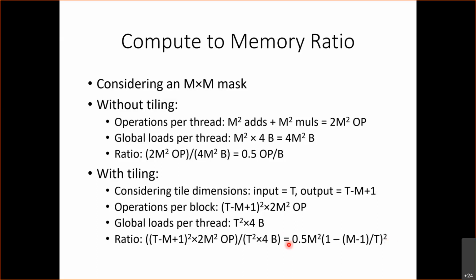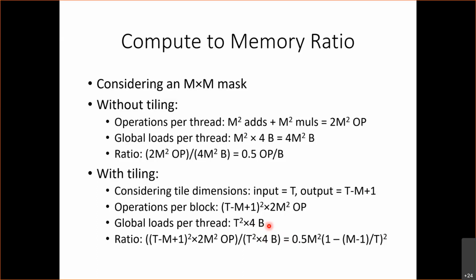So of course, this 4 bytes is going to be in terms of your data type. But the definition of the convolution operation that I presented was using floats. So yes, you can use characters, but that would be a different type of convolution as opposed to an optimization.